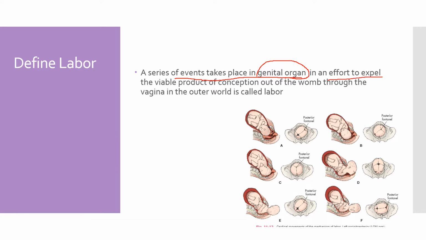To expel the viable product of conception out of the womb through the vagina into the outer world is called labor. The viable product of conception here means the fetus.